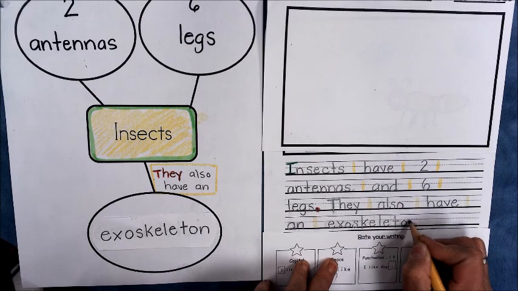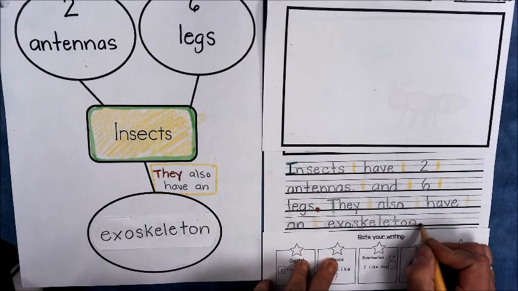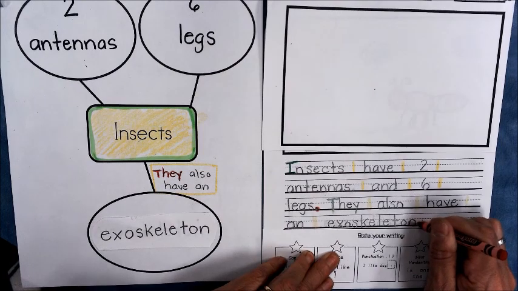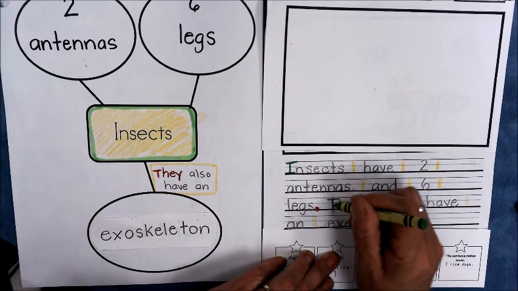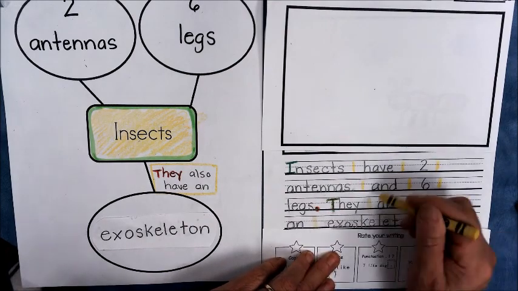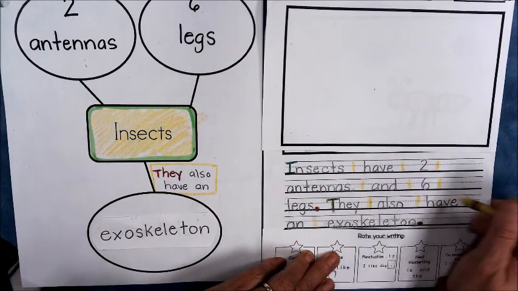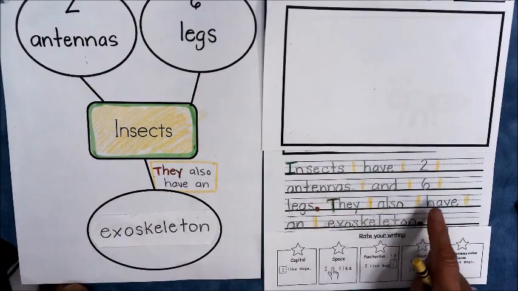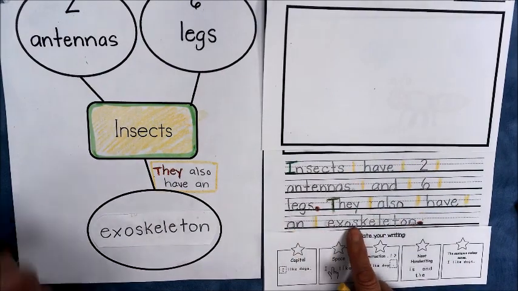Exoskeleton. Ooh, nice long word. Okay, and we need a period right there at the end. Let's make my period red on my last sentence. I will make my capital at the beginning green and make sure that I have my finger spaces in between all of my words. They also have an exoskeleton.